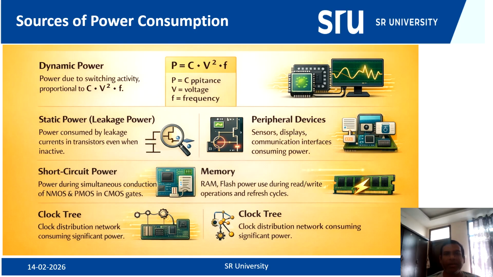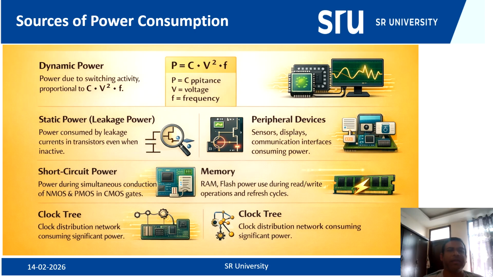Power consumption in embedded systems does not come from a single source. Instead, it is distributed across several components and operating activities within the system. Let us now examine the primary sources of power consumption in detail.